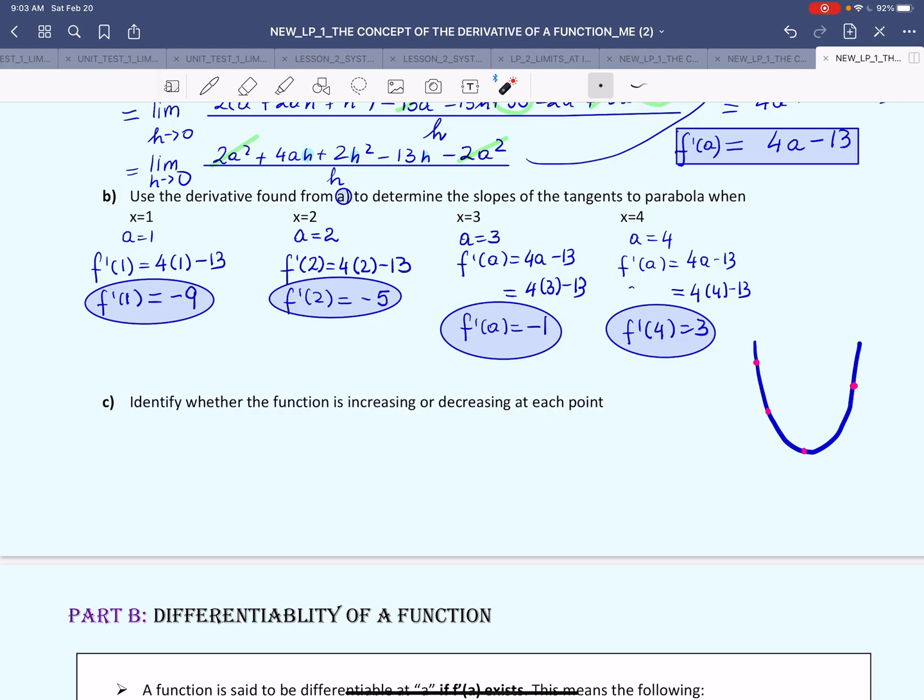So we're going to say that if we want to identify whether the function is increasing or decreasing at a point, we must remember that if f prime x is positive, then f of x is increasing.